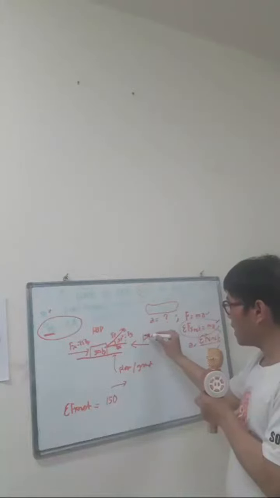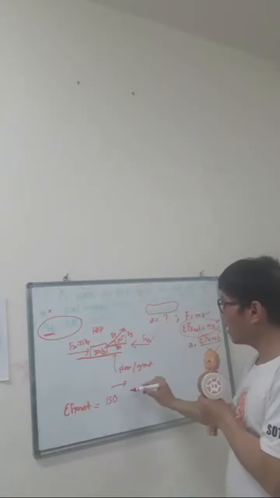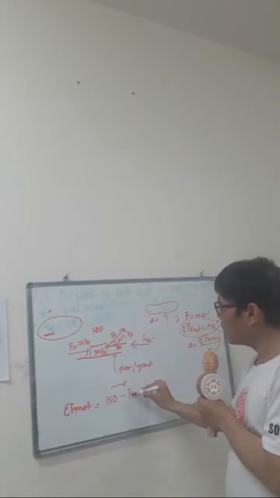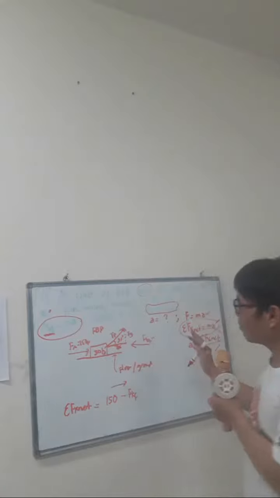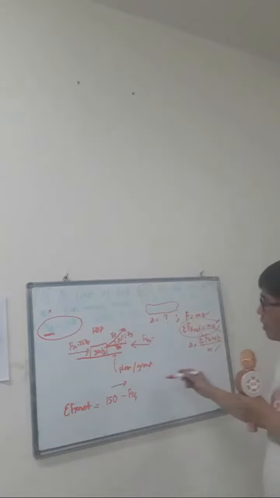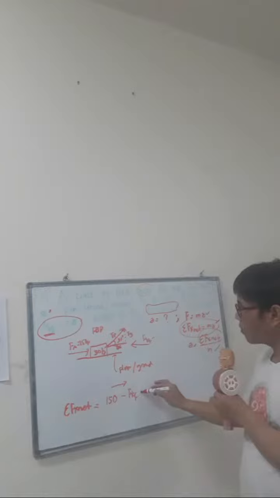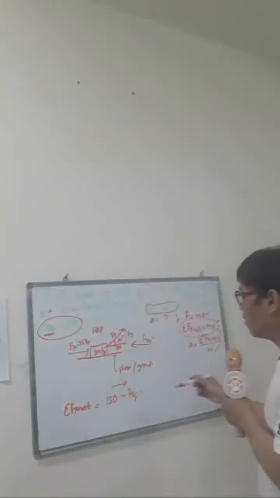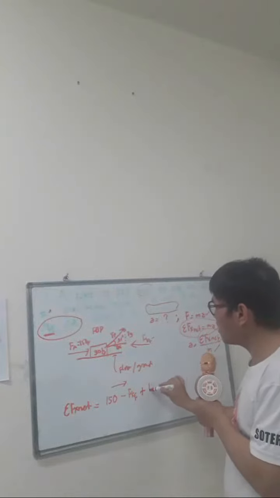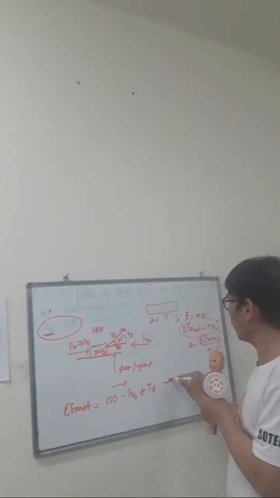So meaning the frictional kinetic force will be going in reverse when you apply it here, FKF. Okay, so negative FKF. And then you have also another horizontal force, the Tx, the horizontal component of your tension. It's going to be negative also? No, it's not. It's positive, because when you pull, it's going to the right. Okay, so positive Tx. This is your equation 2 now.